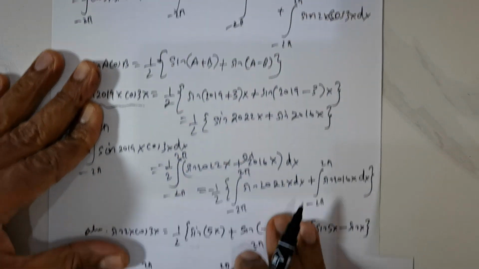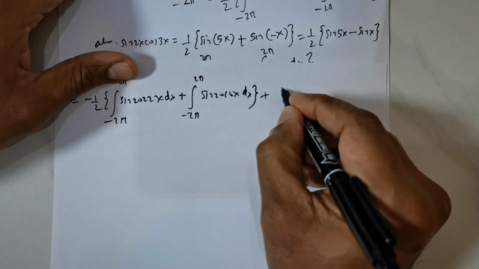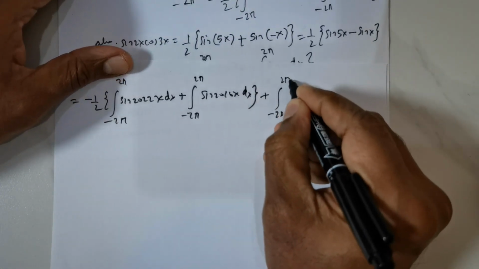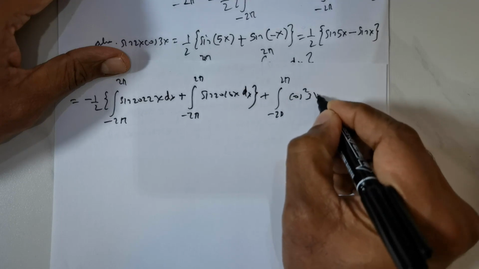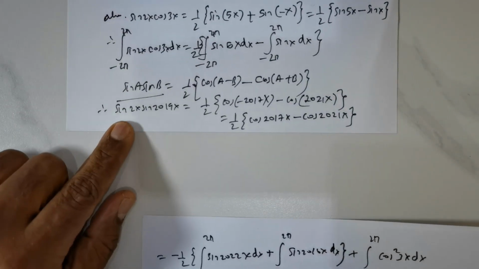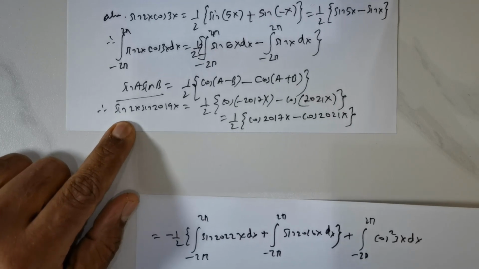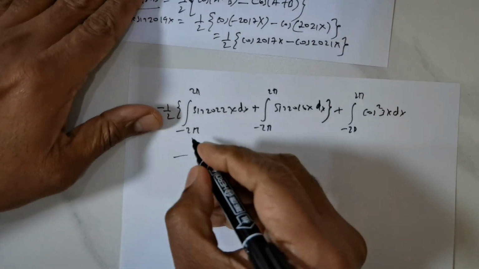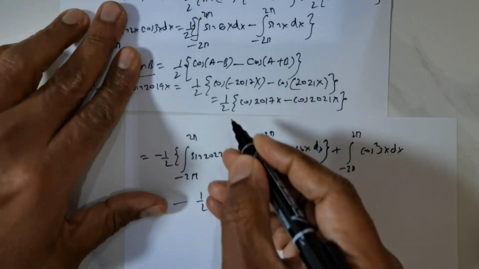And you have this quantity, right? You're able to see that. So I will just retain it as it is, positive the integral from negative 2 pi to 2 pi of cos squared 3x dx, followed by negative this quantity, so that's going to be negative 1 over 2 can be taken out.